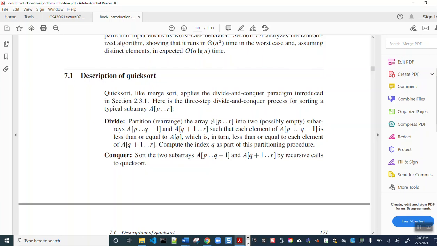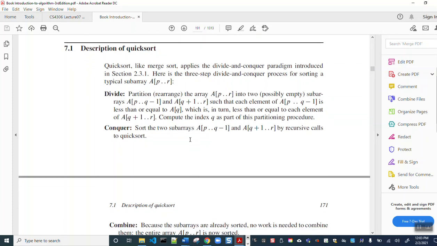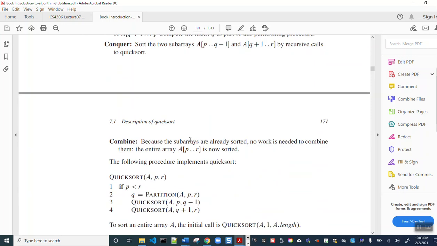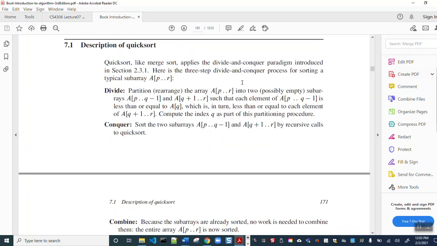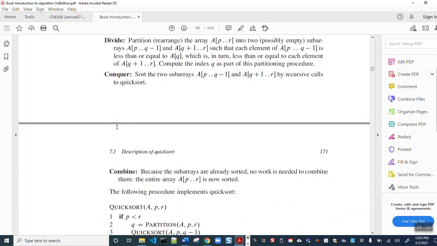Since it uses the divide and conquer method, it is an in place sorting algorithm, and all in place sorting algorithms take some extra stack, not additional memory space. In divide and conquer, we divide, then conquer, and then we combine, right?